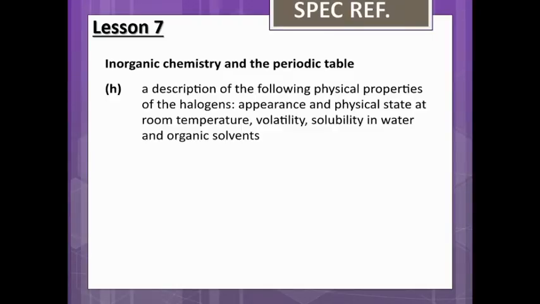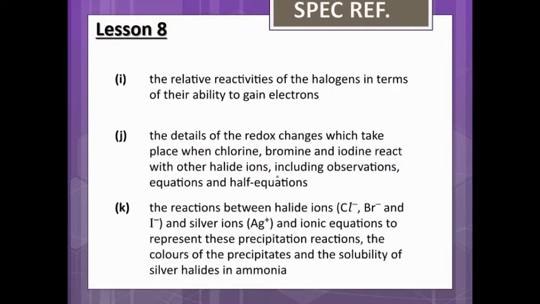So let's have a look back at the specification references for the last few lessons. In lesson 7, we were supposed to categorise the physical properties, their appearance and physical state at room temperature. Done. The volatility, we saw that they were quite volatile, especially iodine, which had the ability to sublime. The solubility in water and in organic solvents. We saw that they were way more soluble in organic solvents such as cyclohexane. Lesson 8.